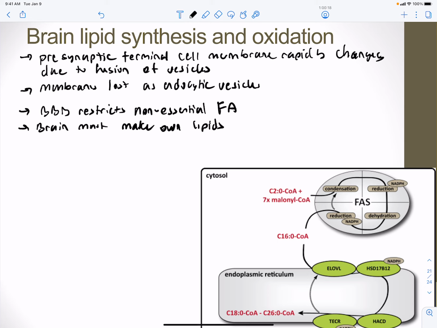You also have your 3-hydroxyacyl dehydratase. And you have your trans 2,3-enoyl reductase.